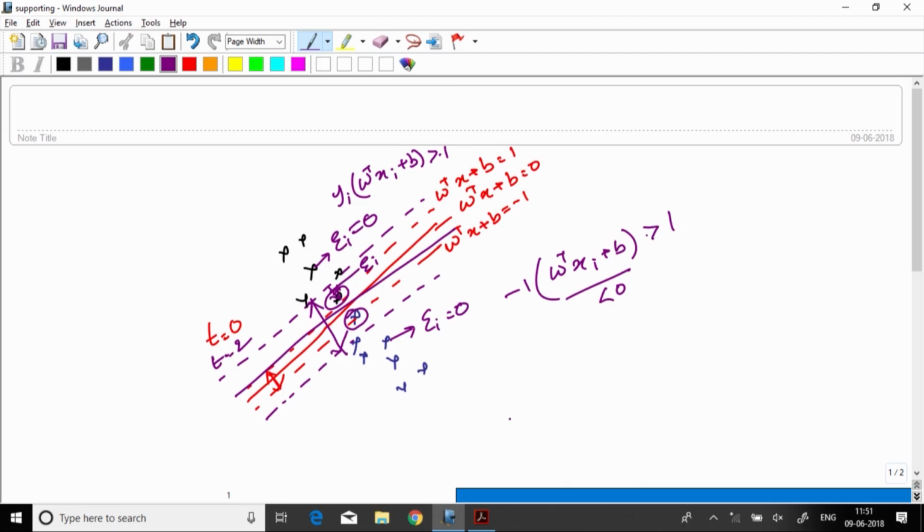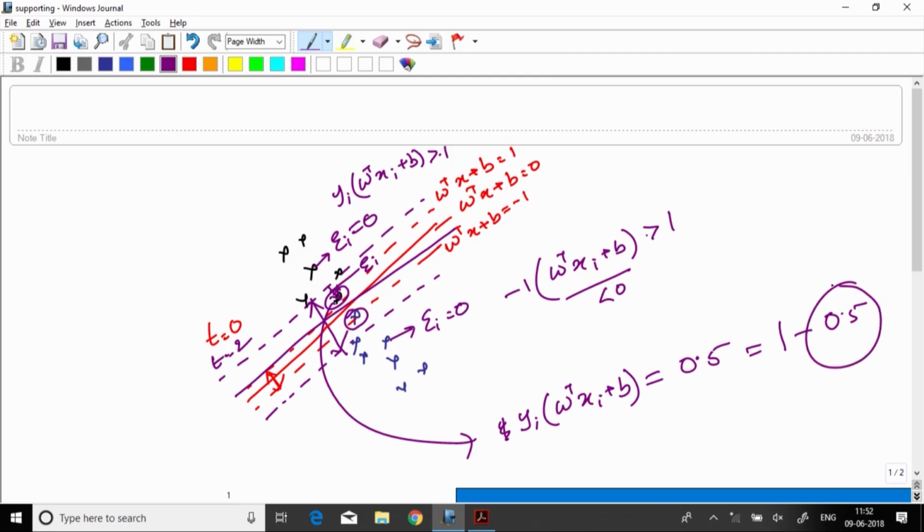So for this data point, y_i into W transpose x_i plus B is equal to maybe 0.5. So that means we will say this is 1 minus 0.5. It is not 1, no? We can say that it is closer to the hyperplane. So then xi_i has some positive value. So those that are misclassified will get some positive value in xi_i.